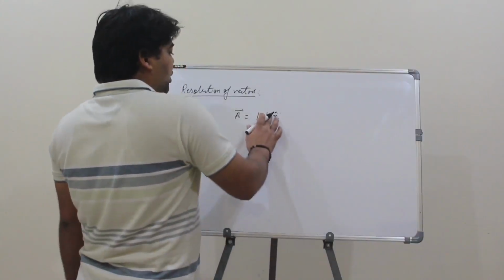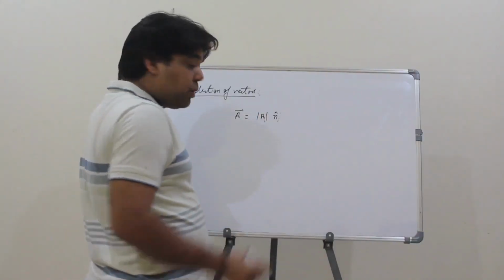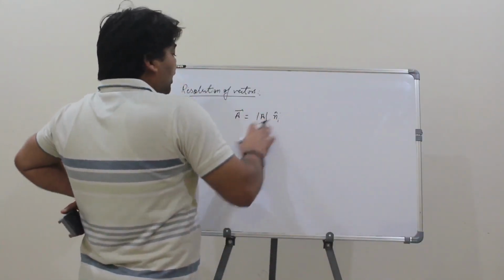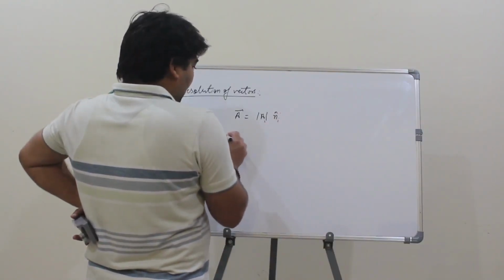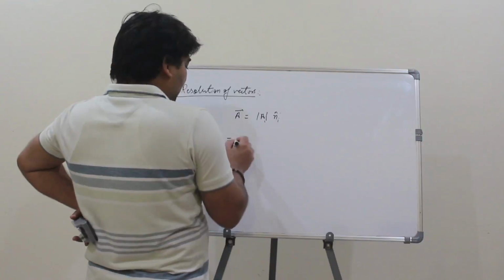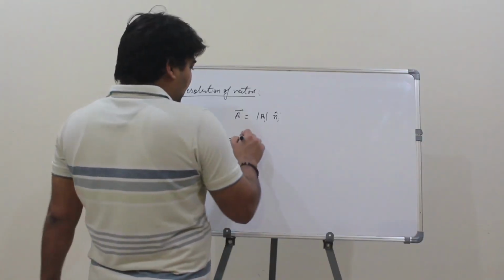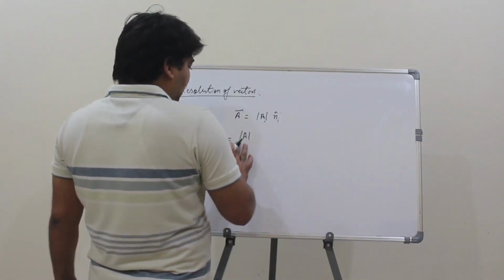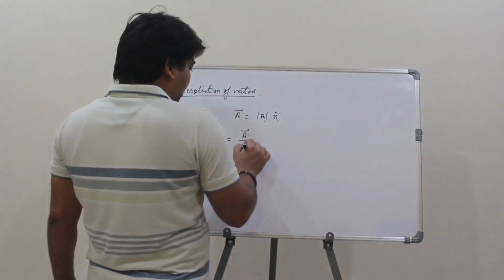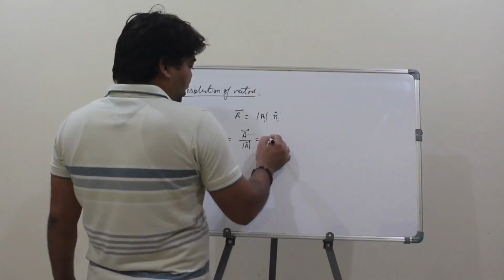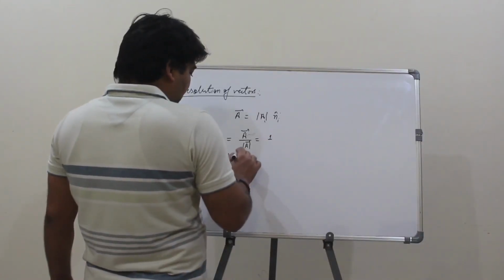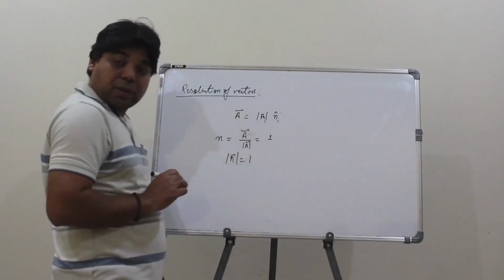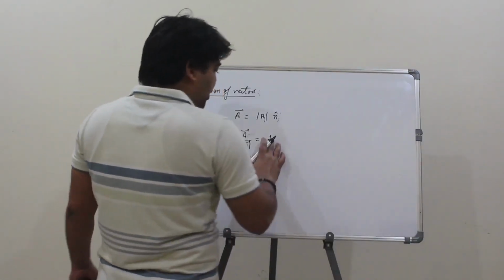So A is represented in this way, where n is nothing but the vector A divided by the mod of vector A, and it is a unit vector. It has a modulus of unity, and it represents the direction.